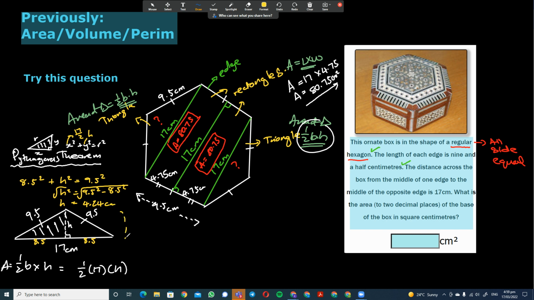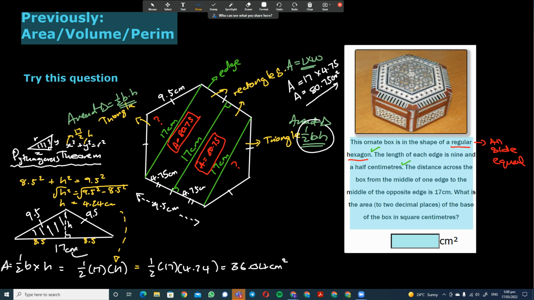I can now put that into my area formula, and it will give me half times 17 times 4.24. So we multiply 4.24 times 17 and divide it by 2, we'll get 36.04 centimeters squared.